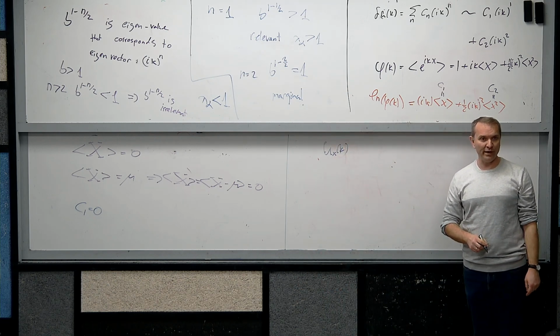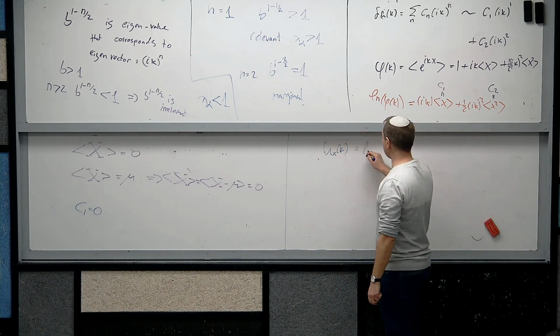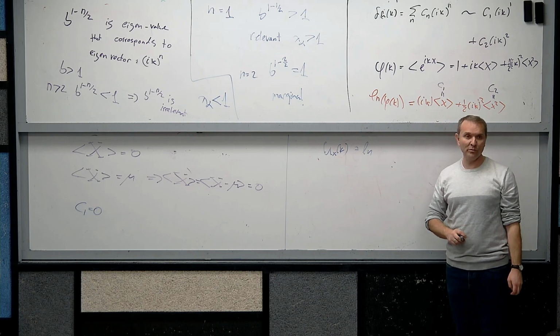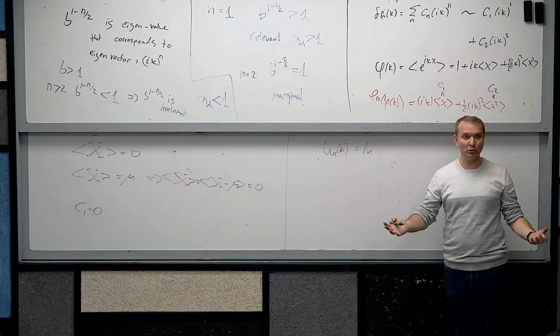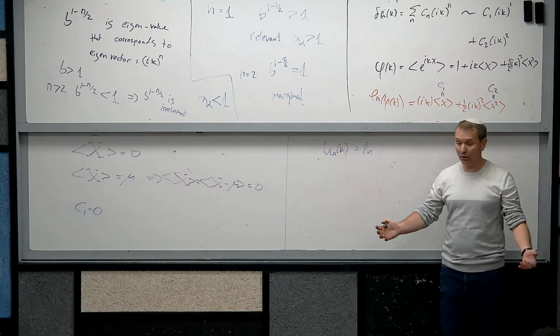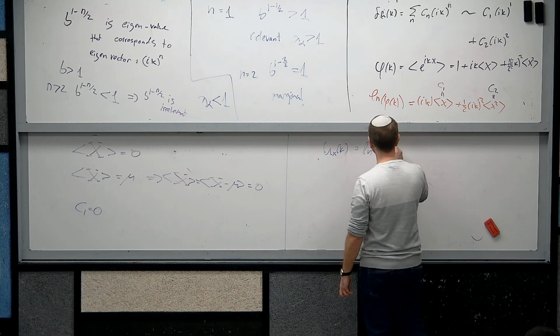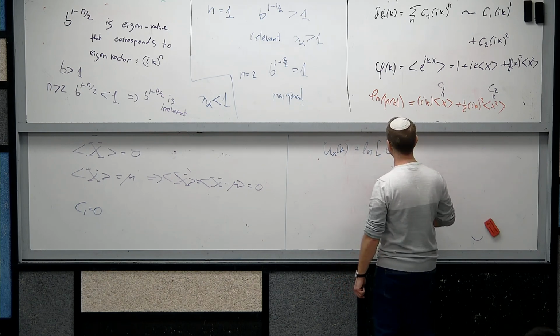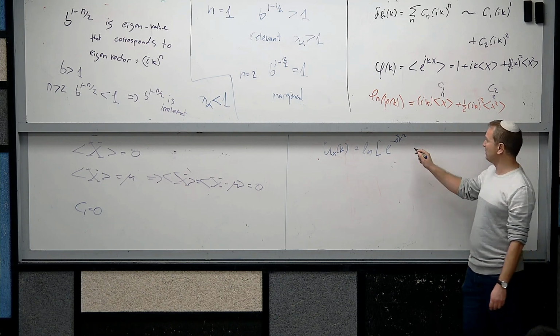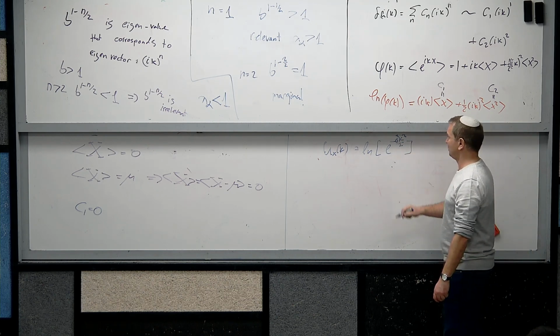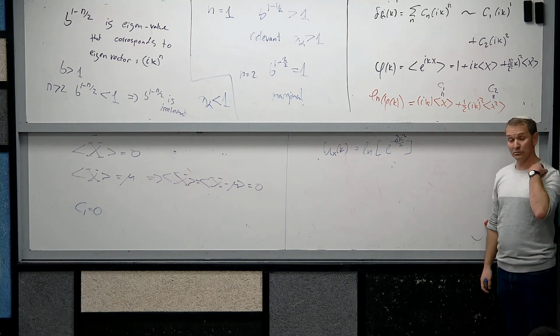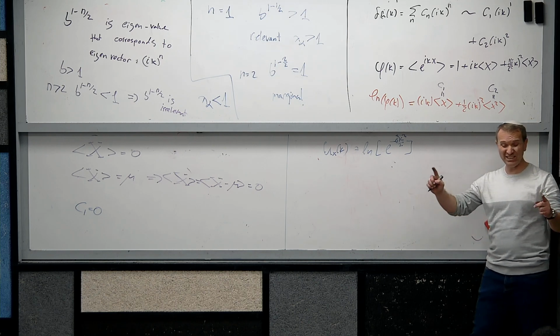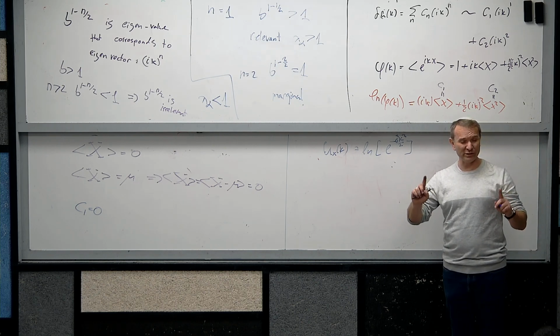u star of k, it's the logarithm of what? Of the fixed point. The fixed point I found was a Gaussian. So it's the logarithm of e to the power minus sigma squared k squared divided by 2. We solved the fixed point, treating only the uncorrelated random variables.